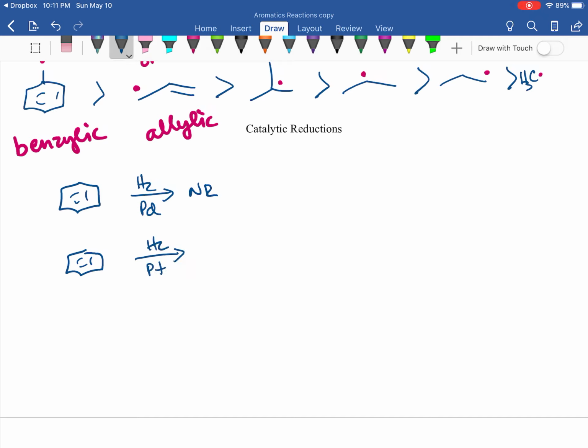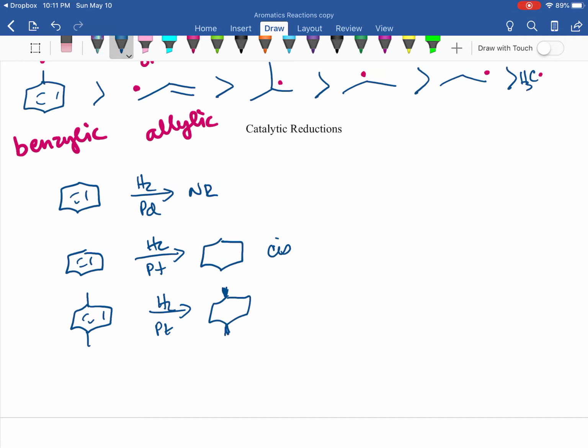So does that mean you're out of the water? No, modern day metals, we have lots of options. So you can get this to work. You have to change your metal. Platinum is pretty popular. We can use platinum for that. Nickel is another one. There are a couple metals that will do that reduction, and you will go all the way. And you will still have cis. So let's say you have 2 methyl groups on here.